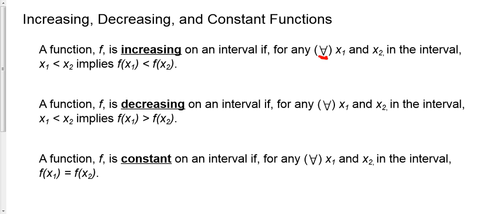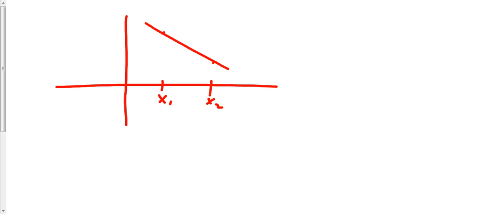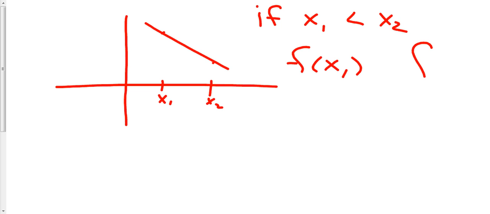Now, a function is constant if, when for any x1 and x2 in the interval, if x1 is less than x2, what's true? F of x1, f of x2. What operator should I put in the middle of that?